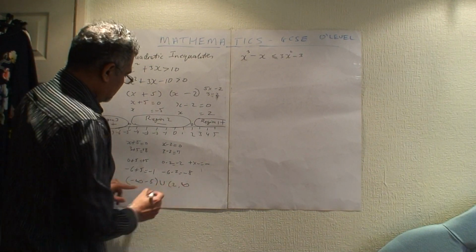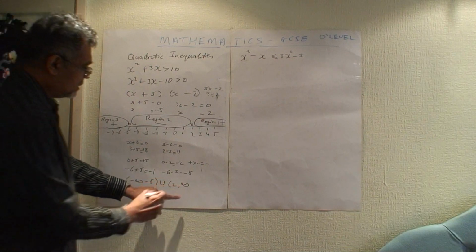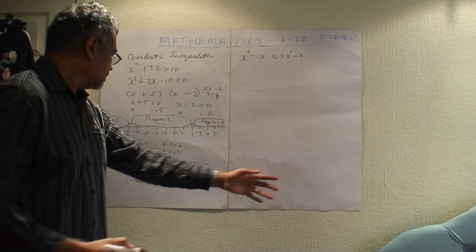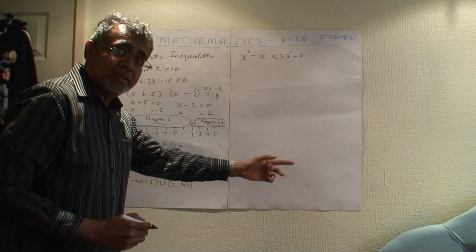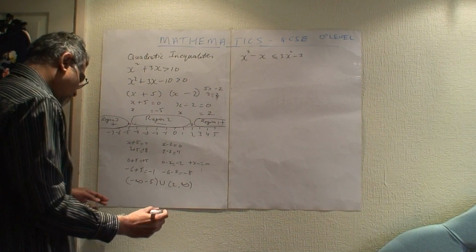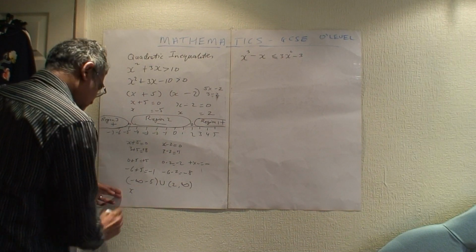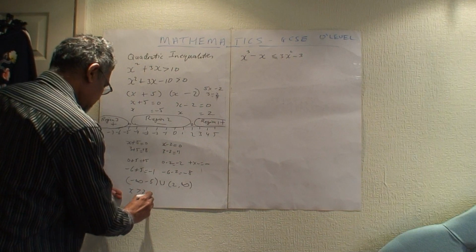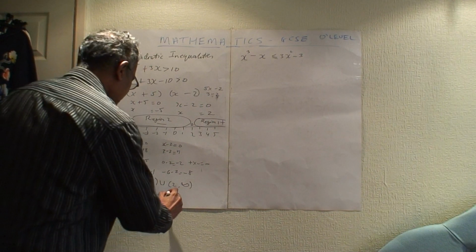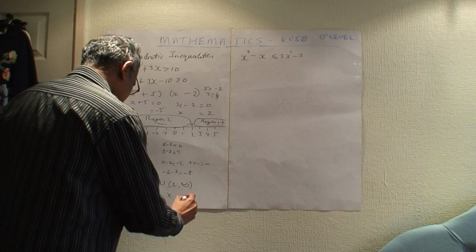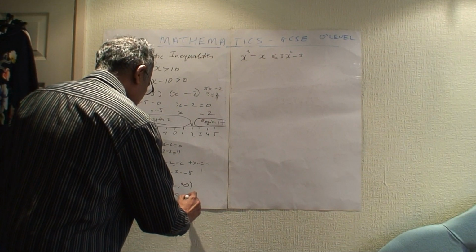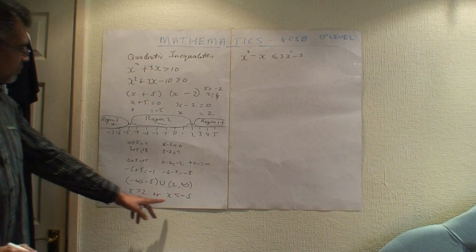We don't put a positive sign here, but it is understandable to be positive, from 2 to positive infinity on that side. Or if you want to represent it this way, it can be x is greater than 2, or x is less than minus 5.